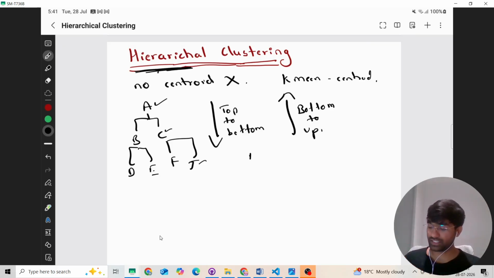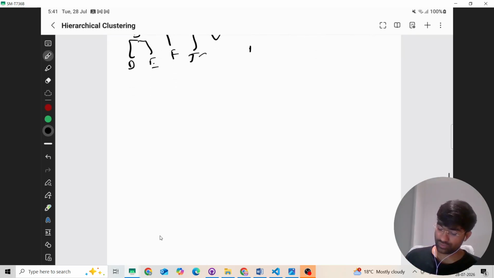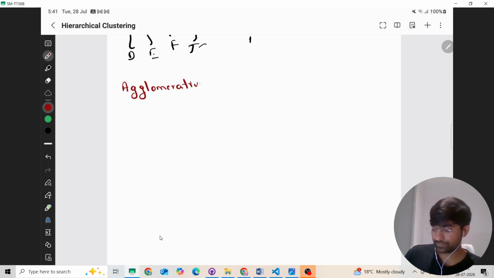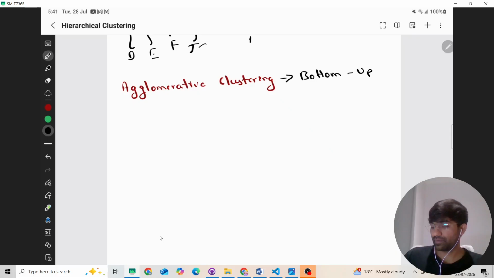create the clusters. If it uses bottom to up, it is known as agglomerative clustering. That is bottom up approach.